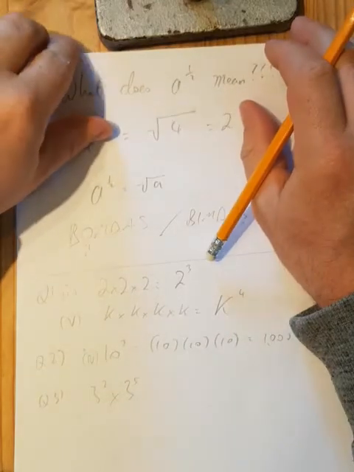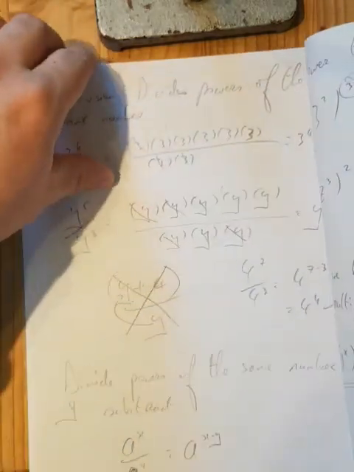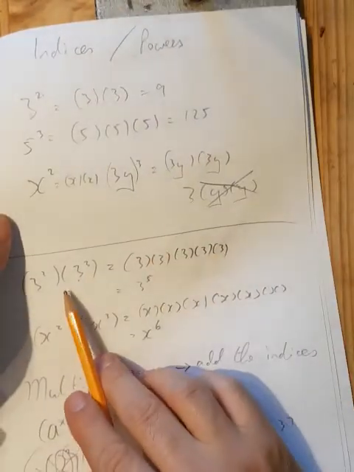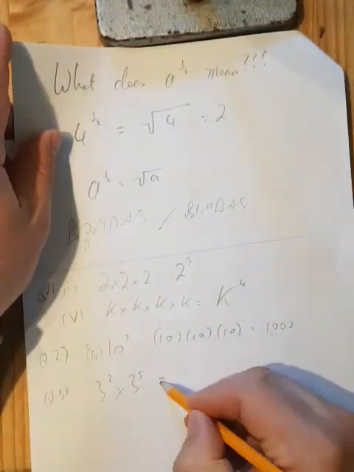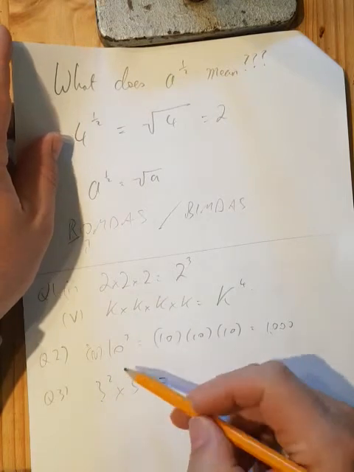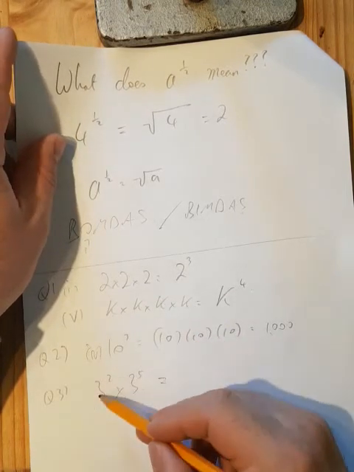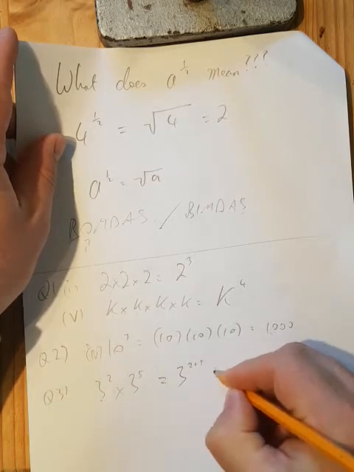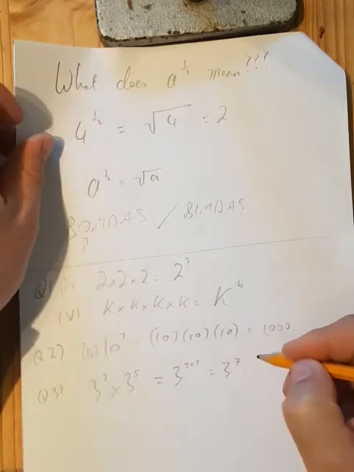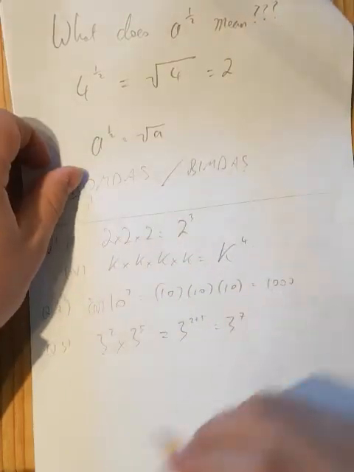Well, if we think back to our multiplication law, when I'm multiplying two of the same number with different powers, I add my powers. So it's the same number, 3, multiplied, so I add the powers. So 3 to the power of 2 times 3 to the power of 5 is the same as 3 to the power of 2 plus 5, or 3 to the power of 7. Alright?